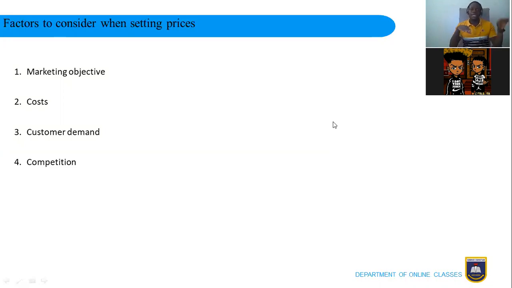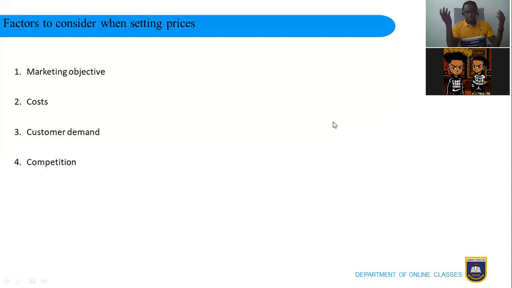So if company A is selling it for 5 Ghana cedis, I may decide to also sell it at 5 Ghana cedis. Okay, but do you want to increase your market share? Do you want to make a lot of sales? Okay, if that is the case, then it is also good that you reduce your price.